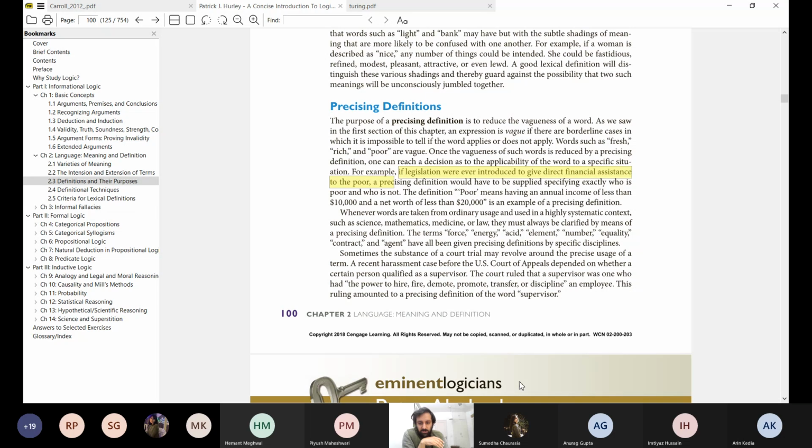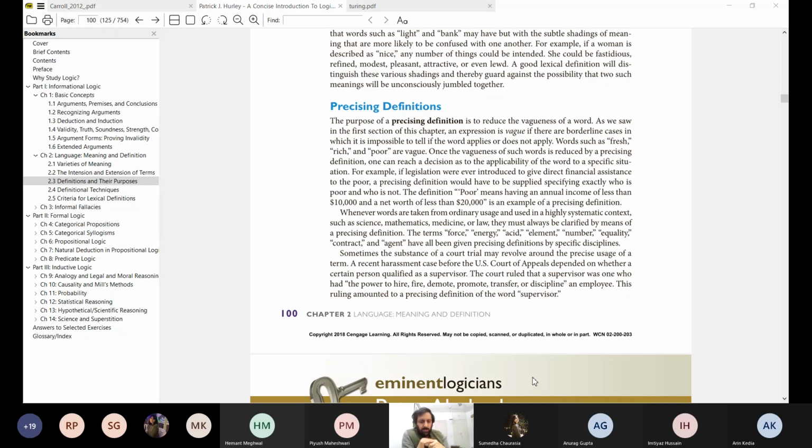Maybe that legislation in the US would give this as a definition. But we might say, look, for the purposes of this statute, by poor we mean such and such.